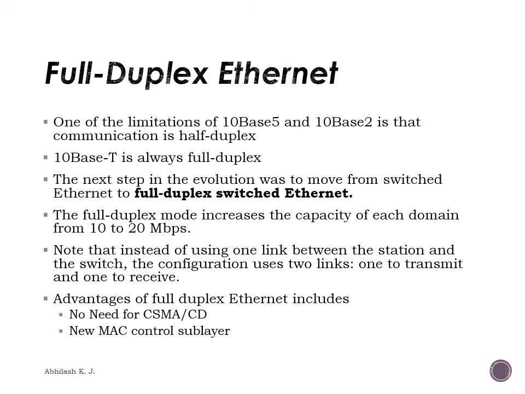Since it involves only one system and one station, one can send and receive simultaneously. Since it is a point-to-point dedicated path between the station and the switch, carrier sensing and collision detection are not required. Thus, the responsibility of the MAC sublayer becomes simpler, so the carrier sensing and collision detection functionalities of the MAC sublayer could be turned off.